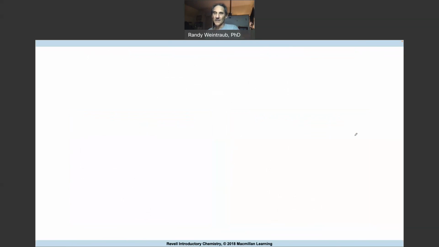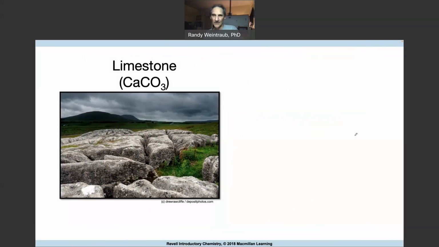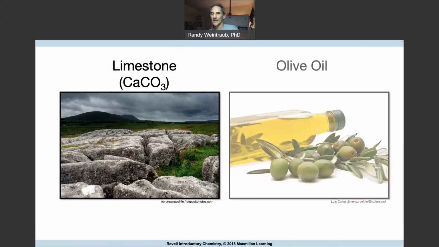The differences between ionic and covalent compounds lead to many unique physical properties in substances. For example, limestone is composed of calcium carbonate, an ionic compound. Olive oil is composed of covalent molecules containing carbon, oxygen, and hydrogen.